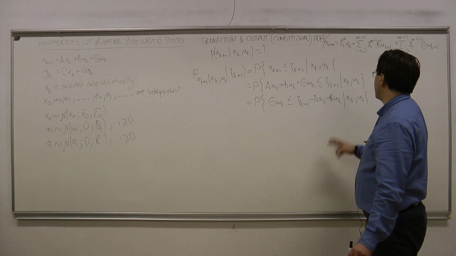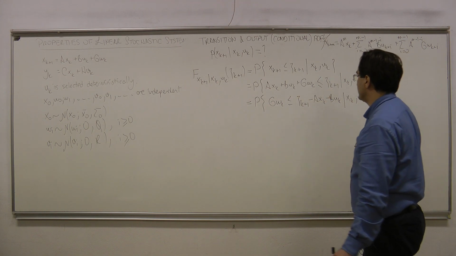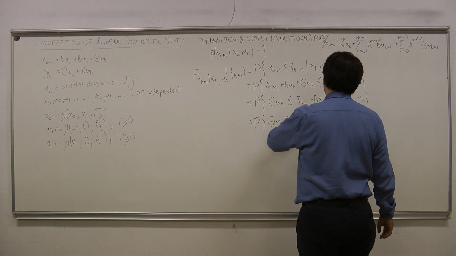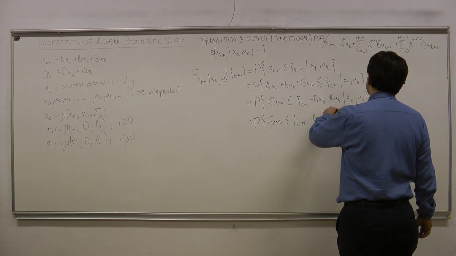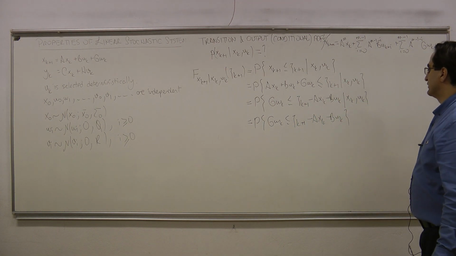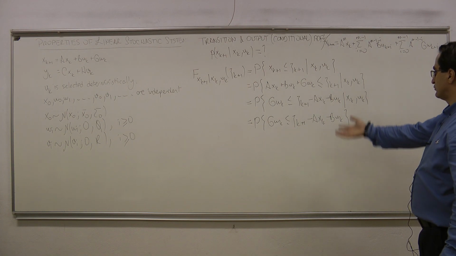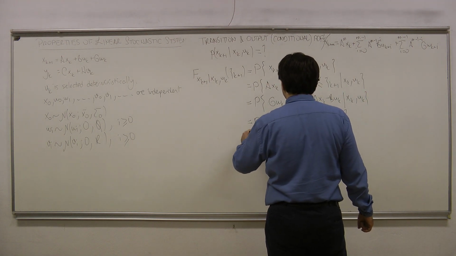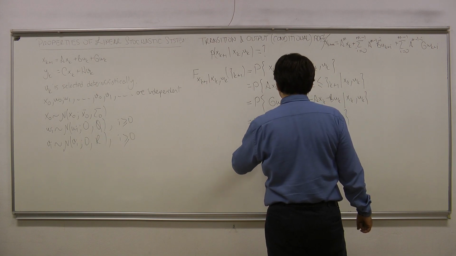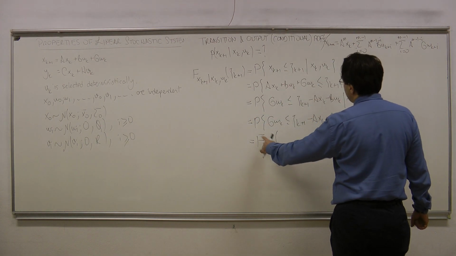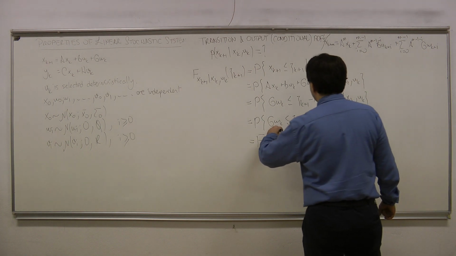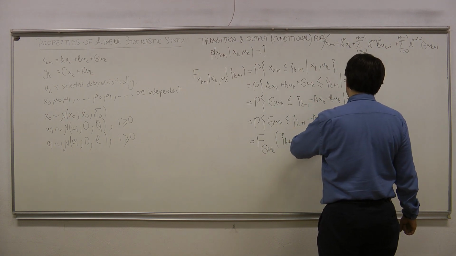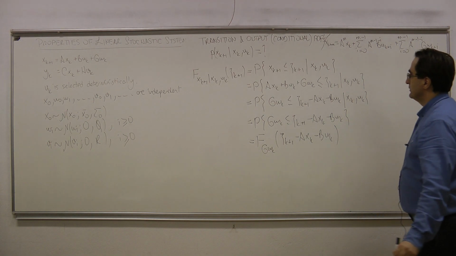I see that G w_k would be independent of these variables. That means that this is just P of G w_k smaller than or equal to psi_{k+1} minus A x_k minus B u_k, with no conditioning. But this is nothing but the cumulative distribution function of this G w_k random vector. So I can write this as F of G w_k, and inside it I have substituted psi_{k+1} minus A x_k minus B u_k. Okay.